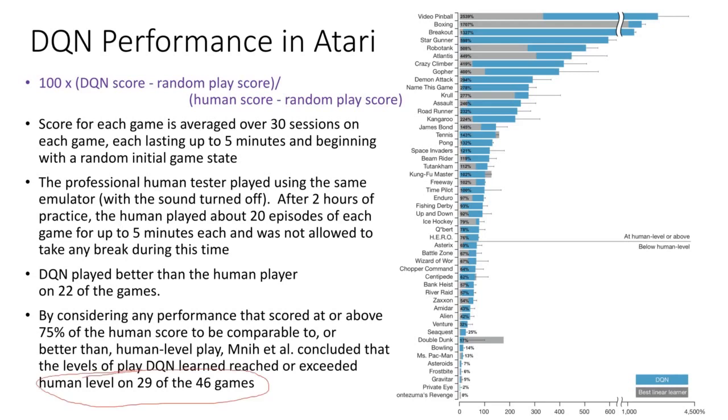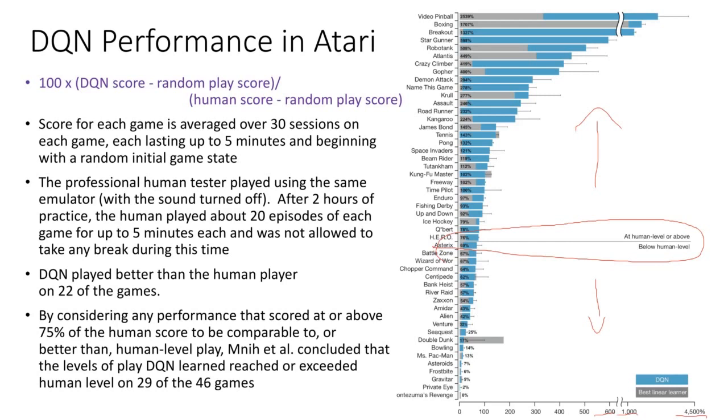And you see that the scale is sometimes very large. This is the line above which the DQN algorithm is performing well, and below which the human agent is performing well. You see that it goes up to 600 times, or 4,500 percent.